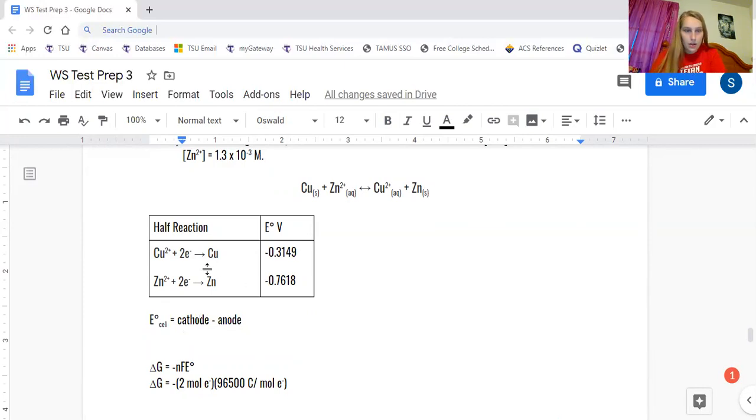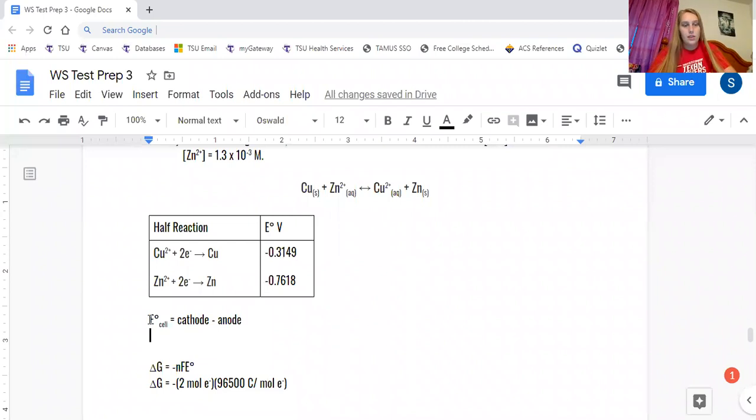We're doing cathode minus anode because you see this is on the left side of the equation up here whenever it's on the right side down here. So this is backwards. But if it's easier for you, you can just switch them the right direction, which would switch the sign on this to positive. And whenever we actually solve this, that works out.